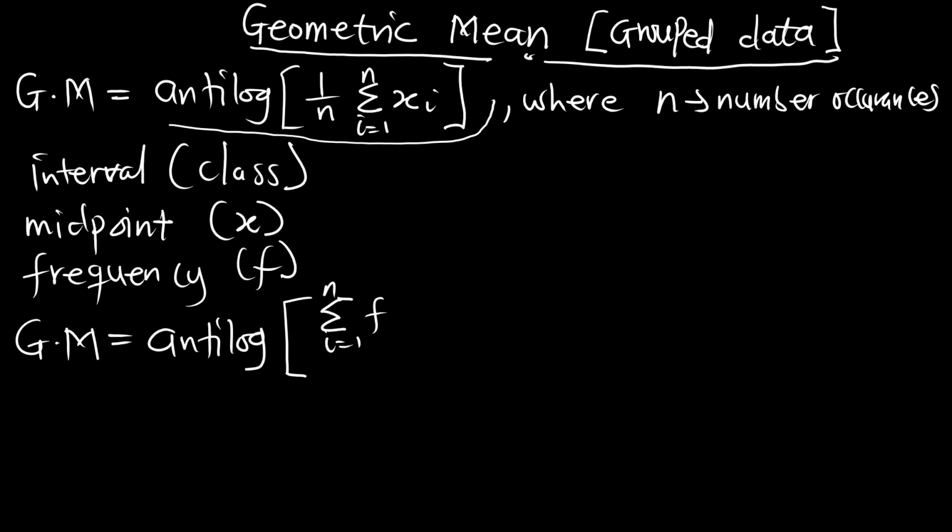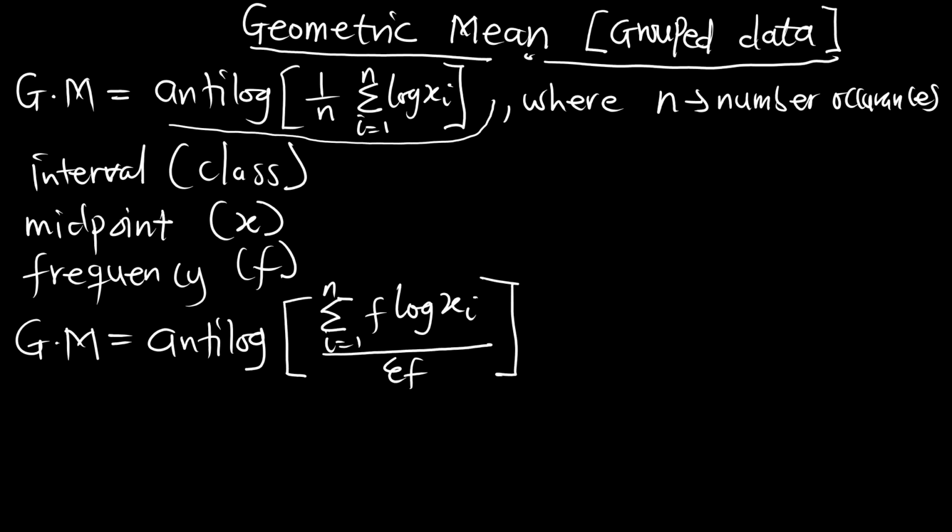Are you okay? We still have log inside. So this will be the logarithm of x i, log x i. So this is going to be f, which is the frequency, multiplying the logarithm of x i. Everything is also over the summation of f. So this is the formula.